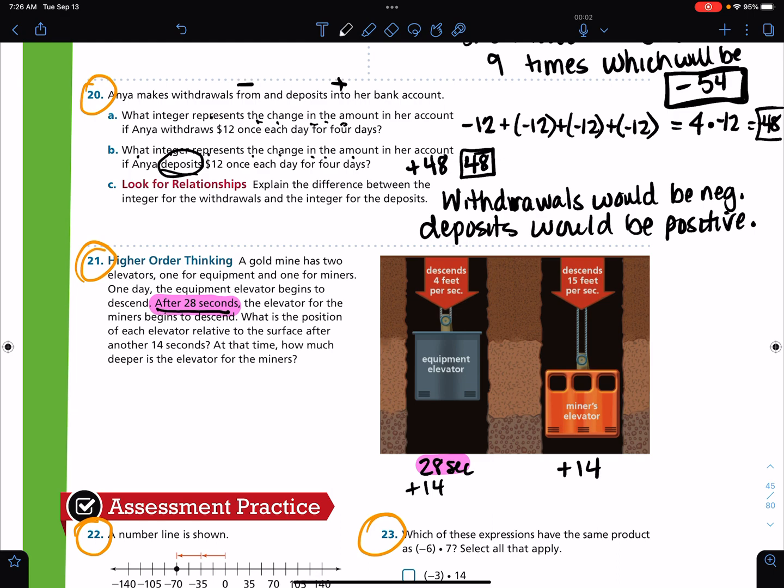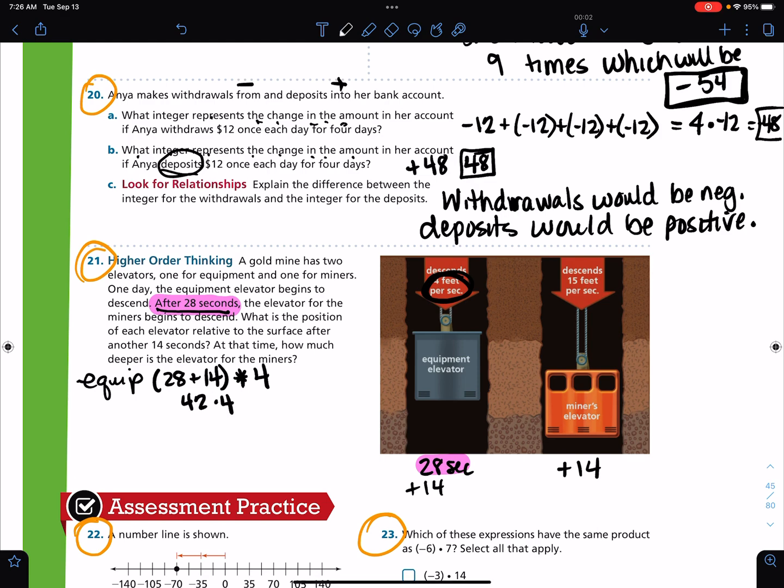So, what I'm going to do for equipment, I'm going to first have to add how long they have. And then I'm going to multiply it by its rate, which is 4 feet per second. Okay? So let's deal with that one first. So 28 plus 14 is 42 times 4.